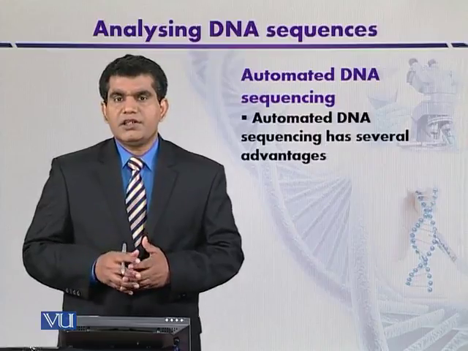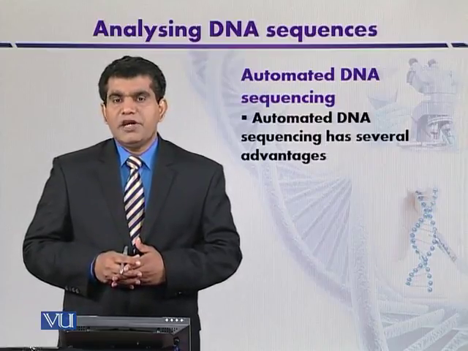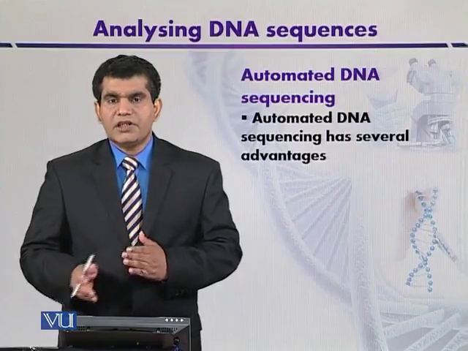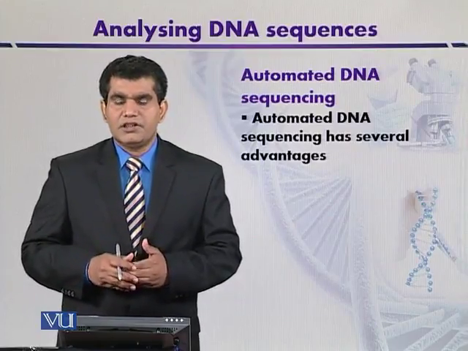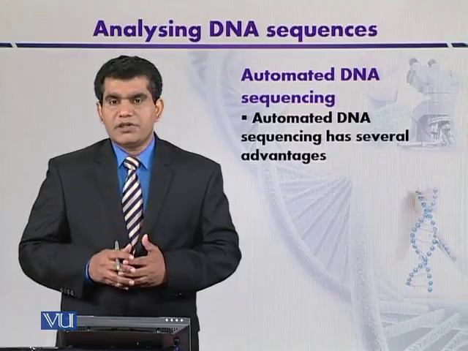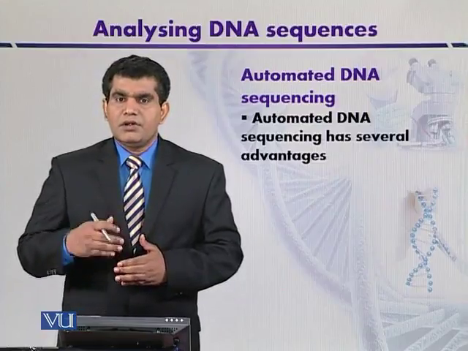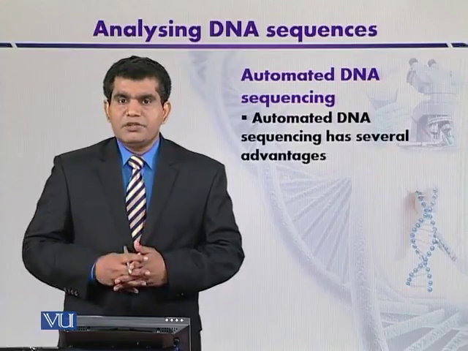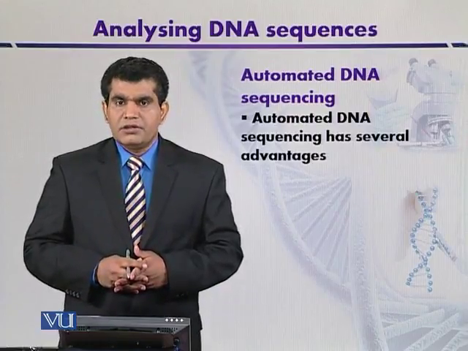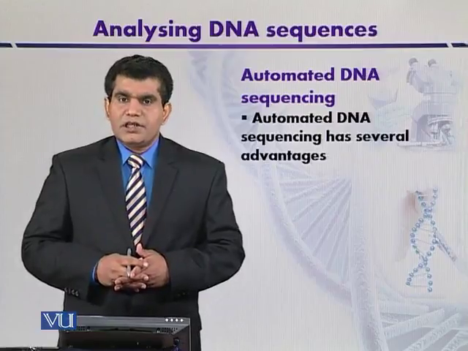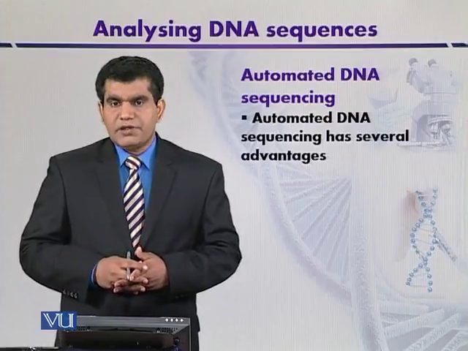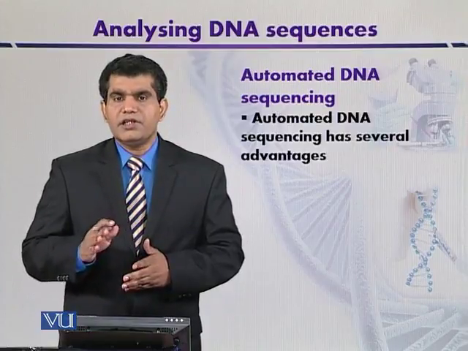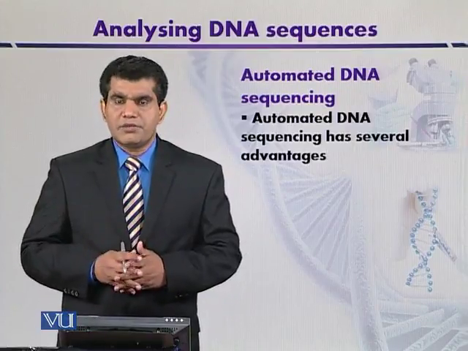So we can say that in manual sequencing, a skilled worker is required. Whereas on the other hand, another advantage is that in automated sequencing, all the work is done by the machine or the detector. Next advantage is that in manual sequencing, we may require 4 different lanes for 4 different reaction mixtures.